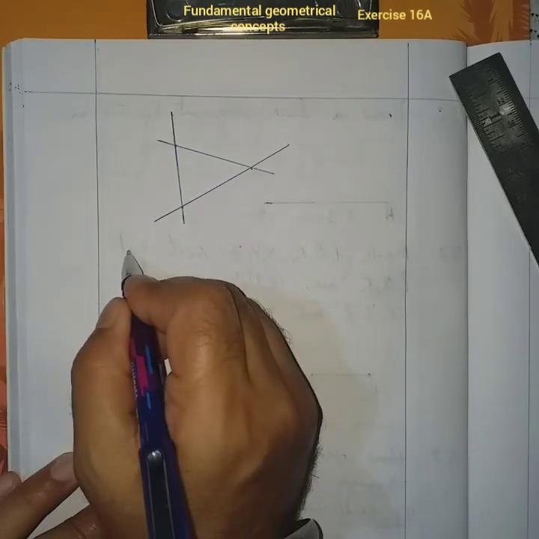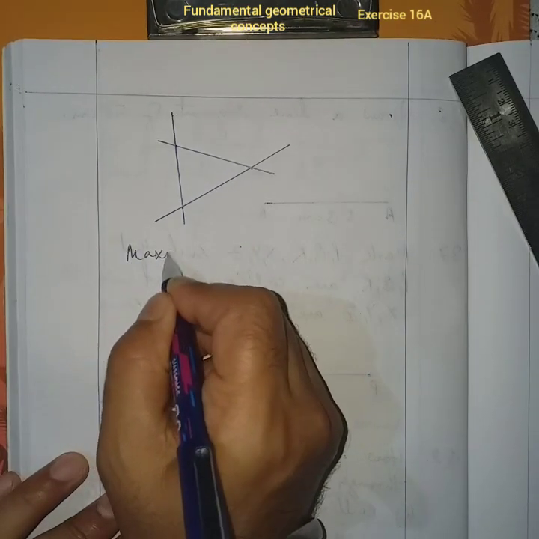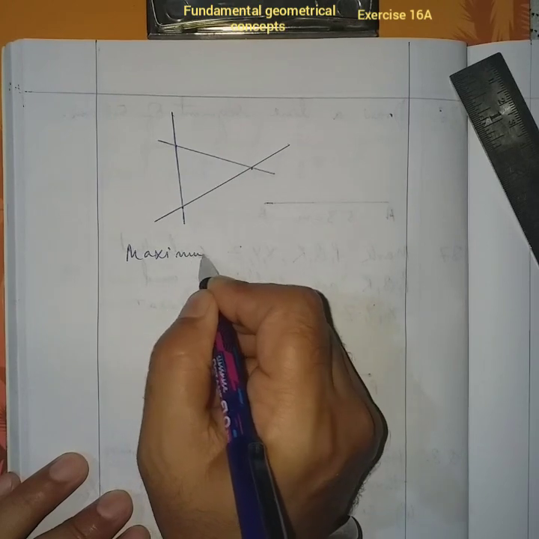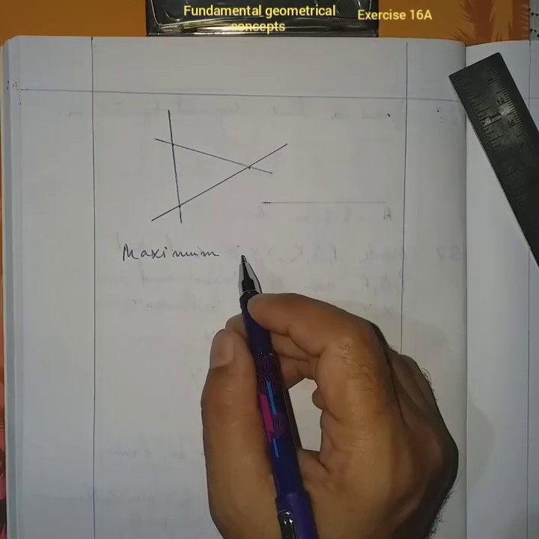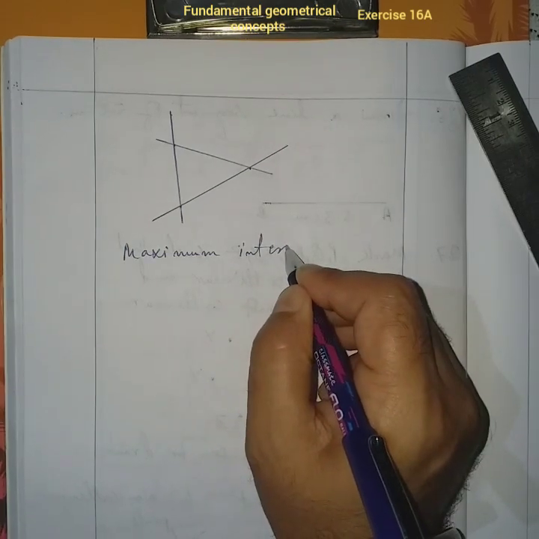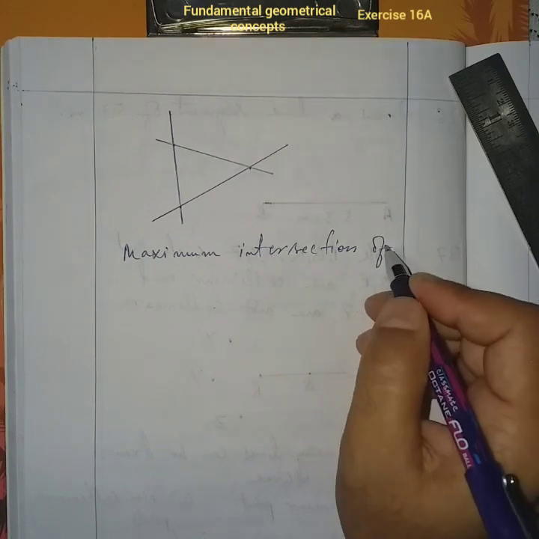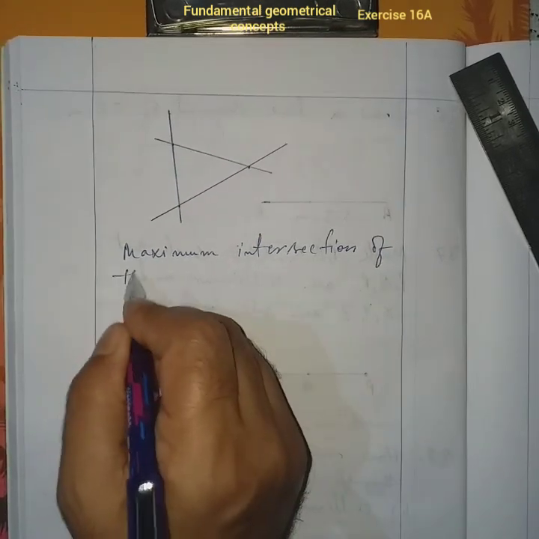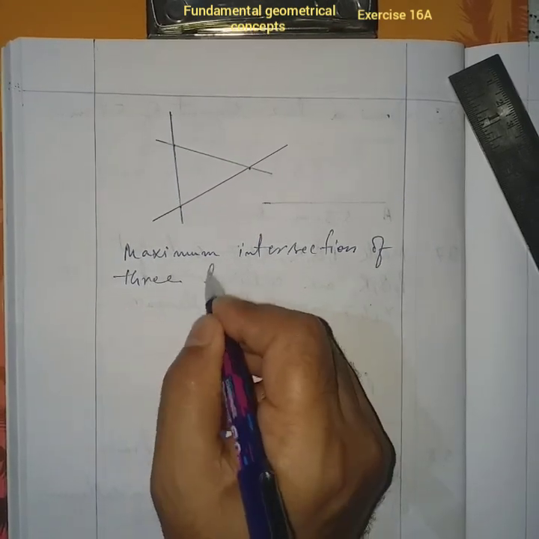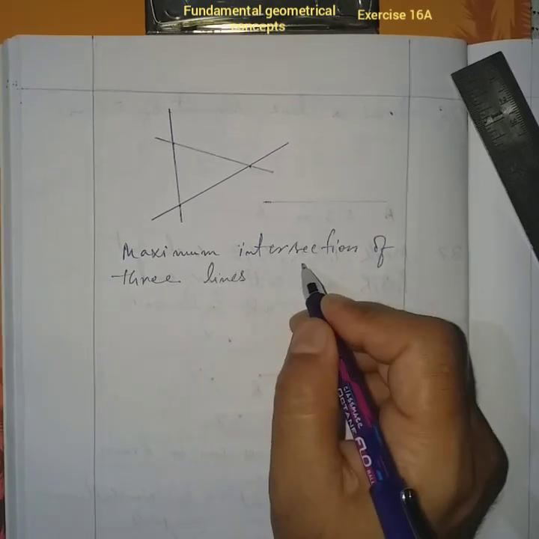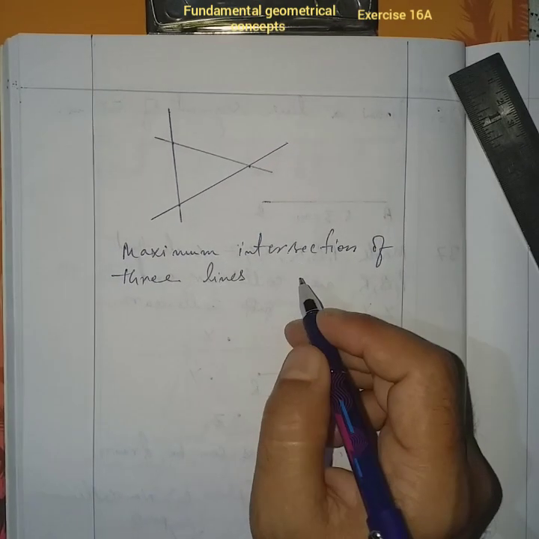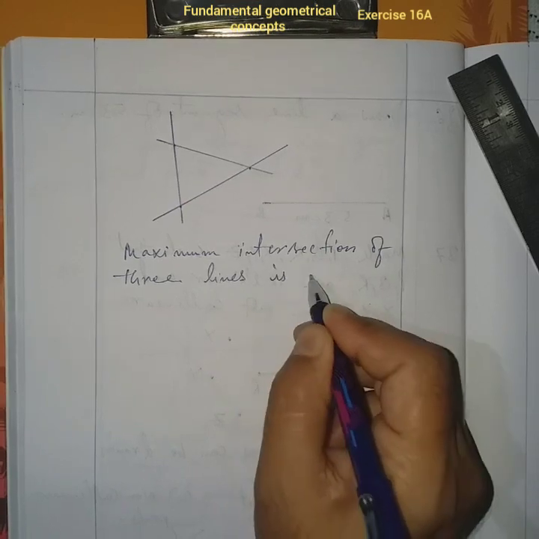So that is why we can say maximum intersection of 3 lines is 3.